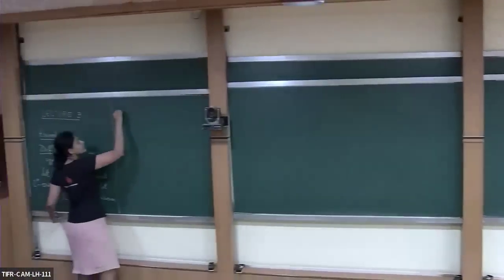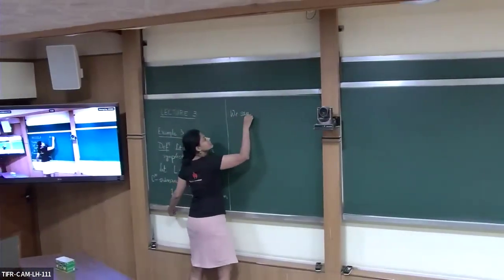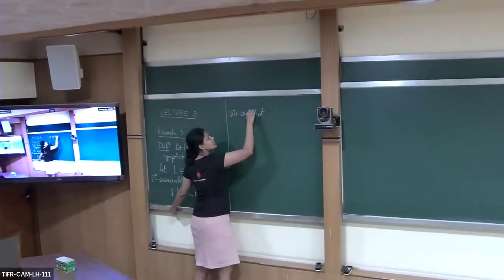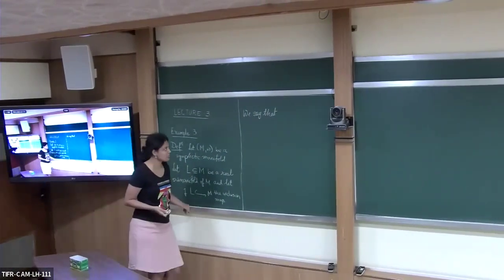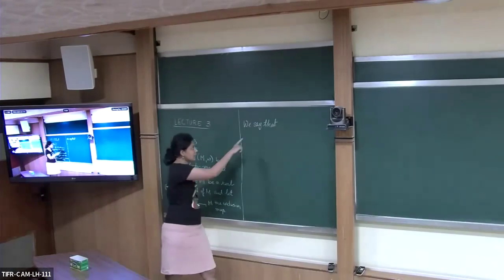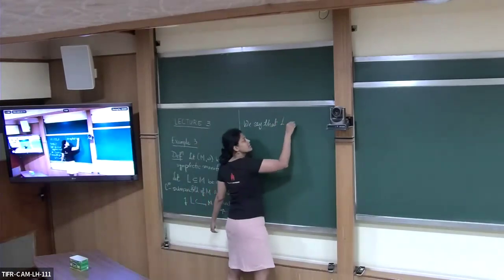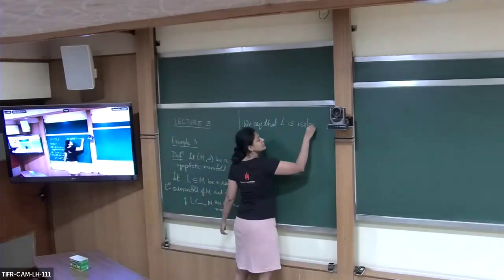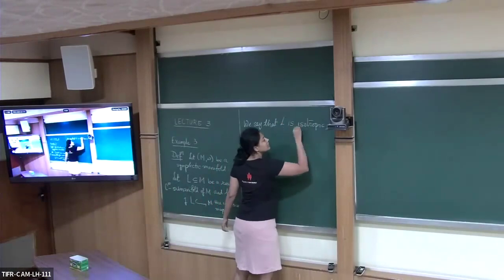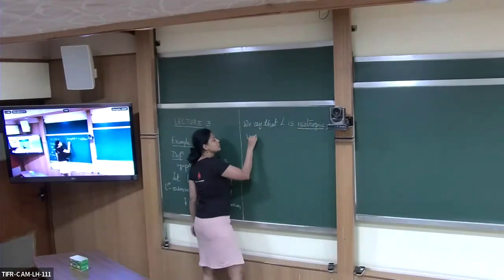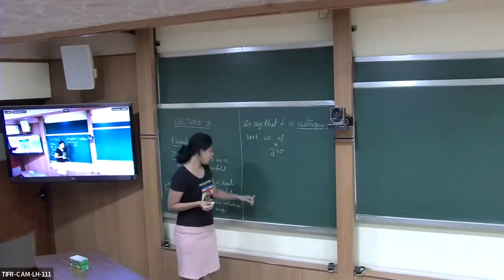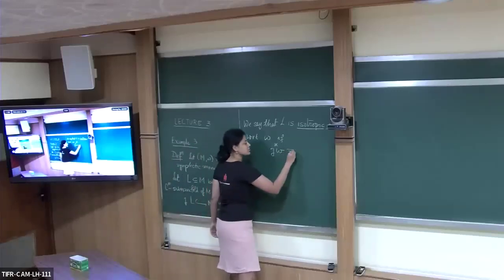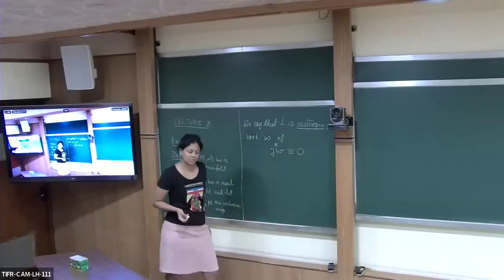In symplectic manifolds, one usually studies special kinds of submanifolds, and this is one type. We say that L is isotropic with respect to omega if, when I pull back the symplectic form onto L, this vanishes. Okay?